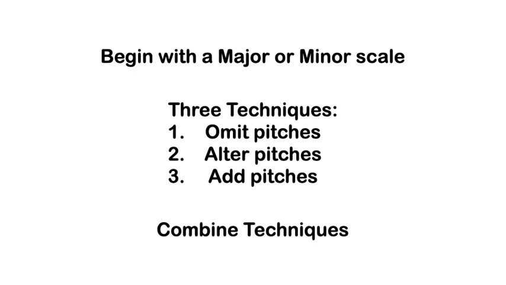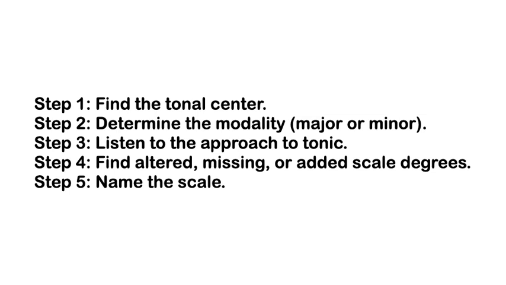So when we have to identify a synthetic scale, the first thing we need to do is listen to the scale or listen to the piece of music that's using that scale and get a sense of several things. So step one, after you've listened to it a little bit, you have to find the tonal center. If it's being presented to you just as a scale, typically that's the first pitch or the high pitch and the low pitch.